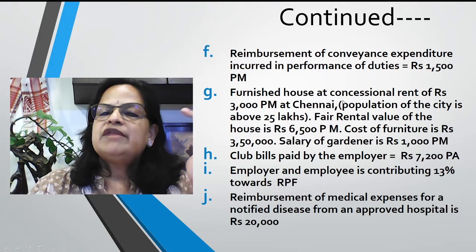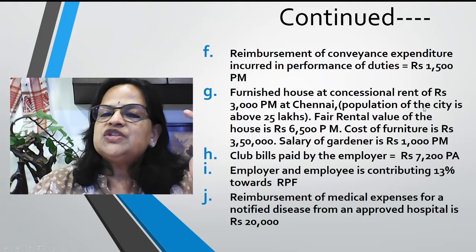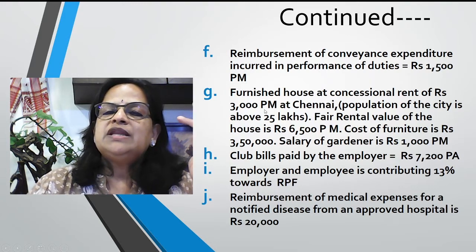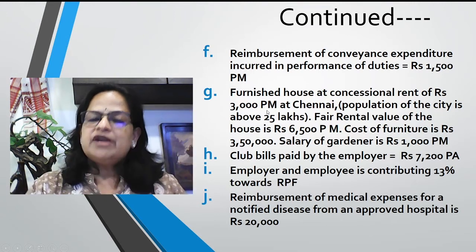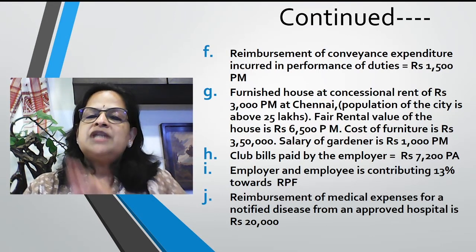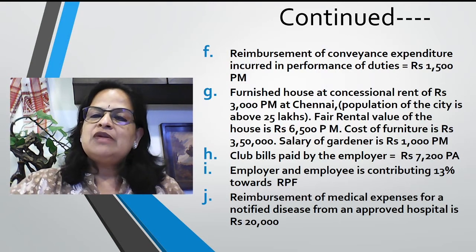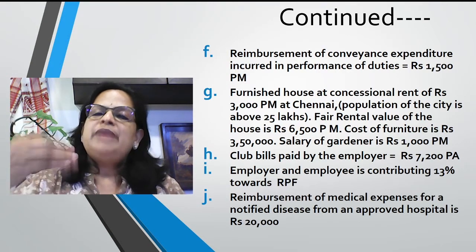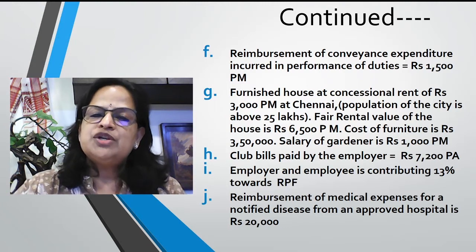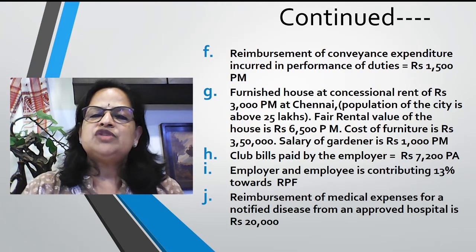Furnished house, so RFA we have to calculate at a concessional rent of rupees 3,000 per month. So it's not RFA computation, it is concessional rental accommodation, CRA. RFA value we will calculate minus the rent paid by the employee for the accommodation provided. So here it is 3,000 per month.